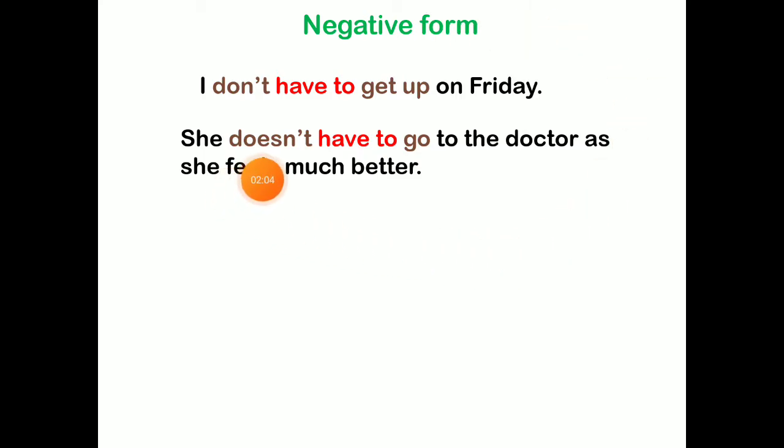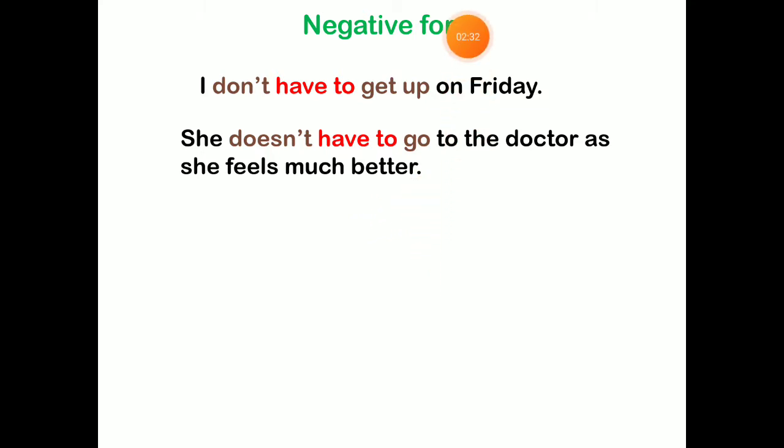Look here. She doesn't have to go to the doctor as she feels much better. She doesn't have to. Okay, here she, singular pronoun, plus doesn't, زائد doesn't لأنها مفرد plus have to plus the infinitive. ليس من الضروري لها أن تذهب إلى الطبيب حيث أنها تشعر بتحسن كبير.